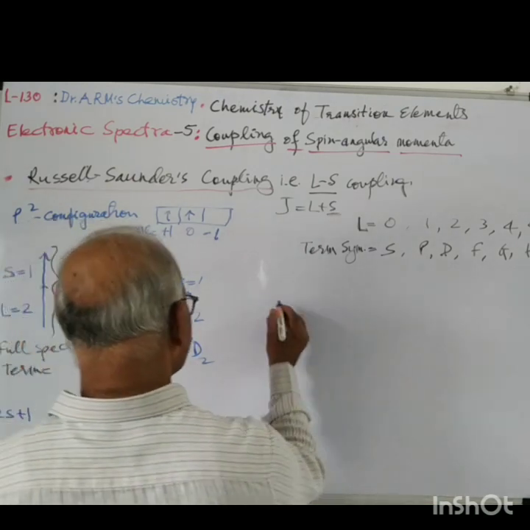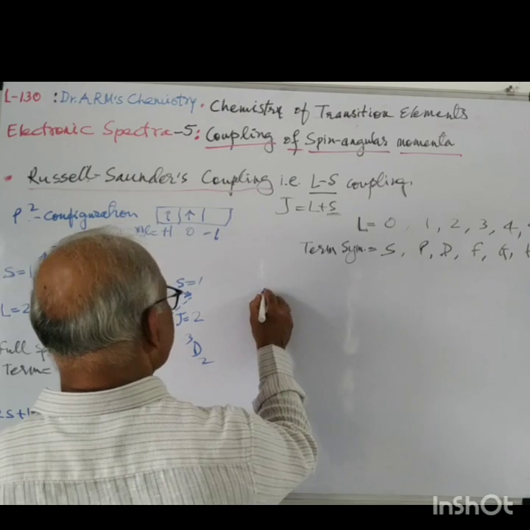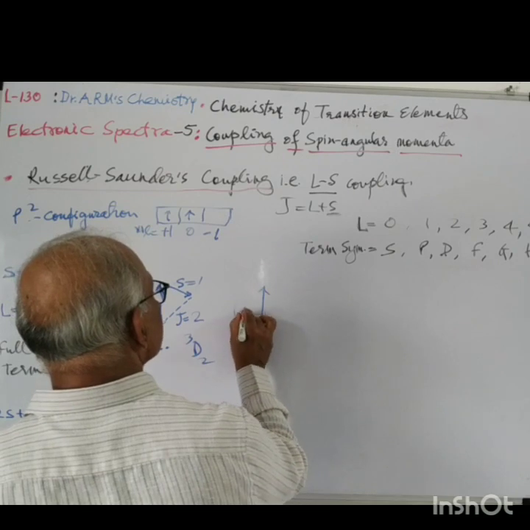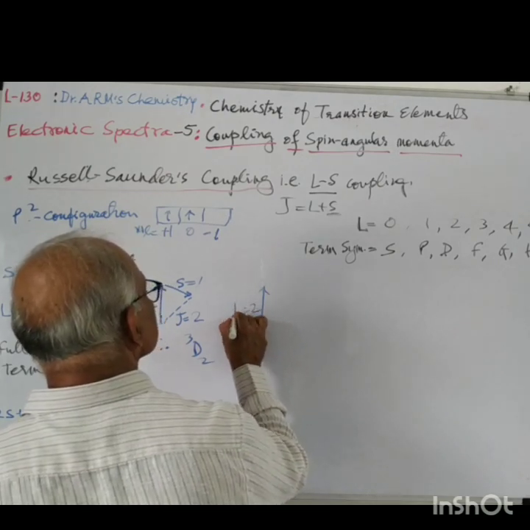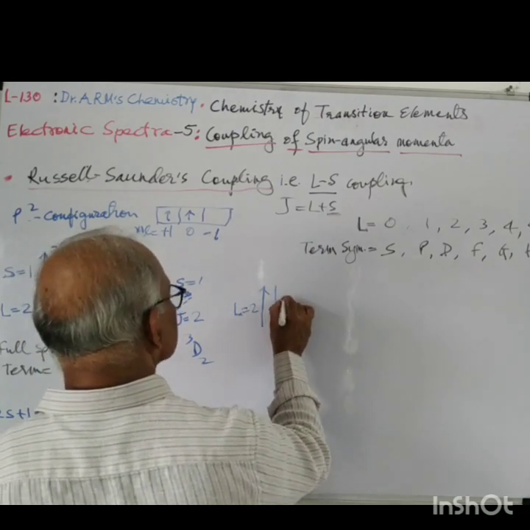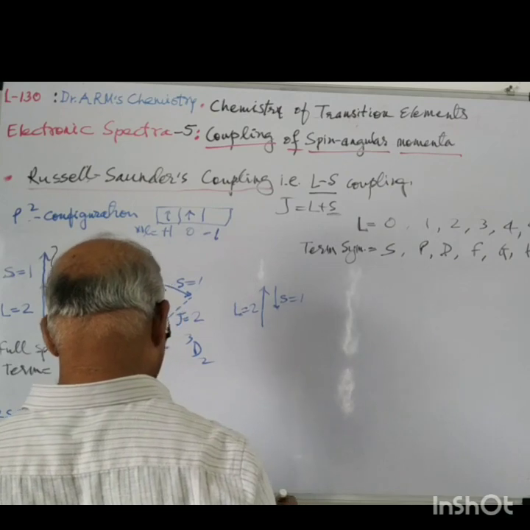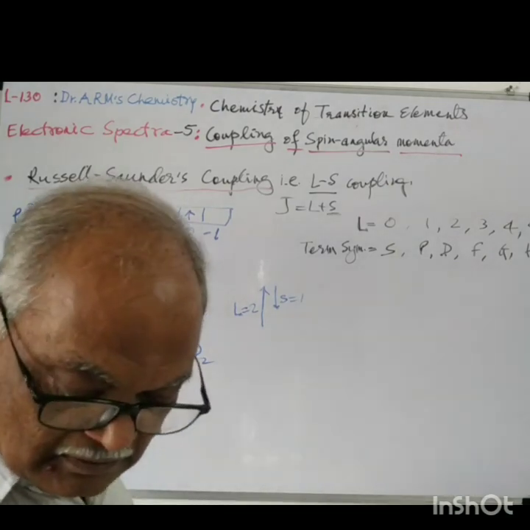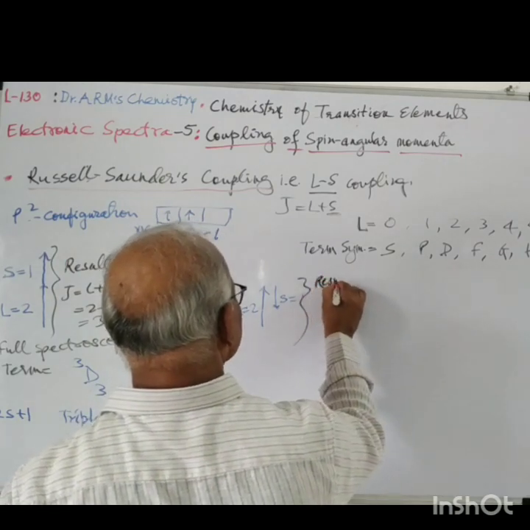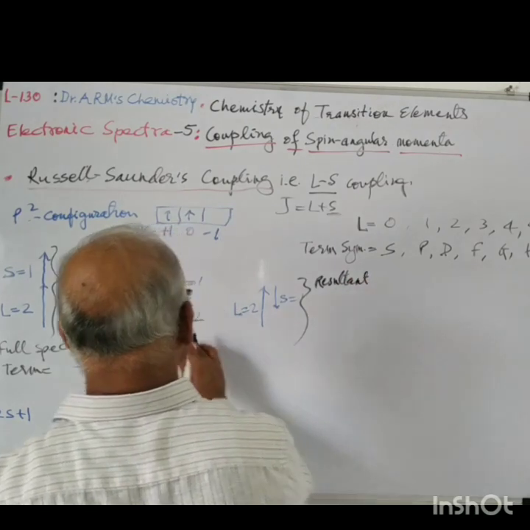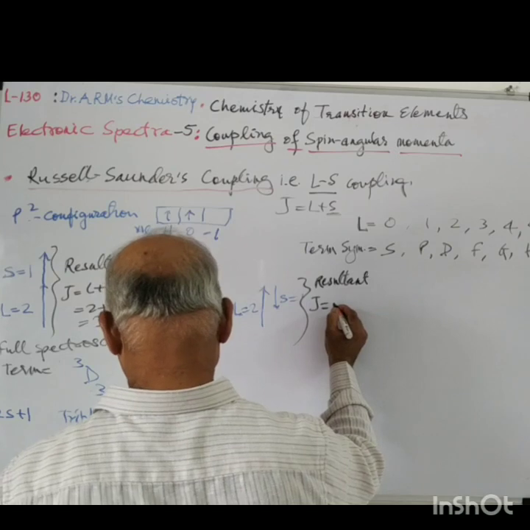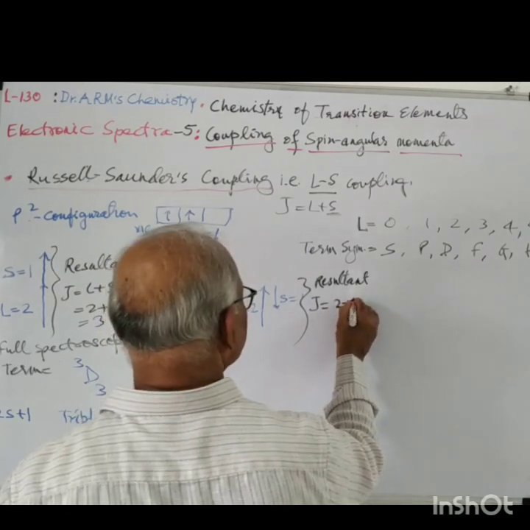Now, for another case, we can have this same L is equal to 2 and S is equal to 1, and for this the resultant, that is J, is equal to 1, that is 2 minus 1.